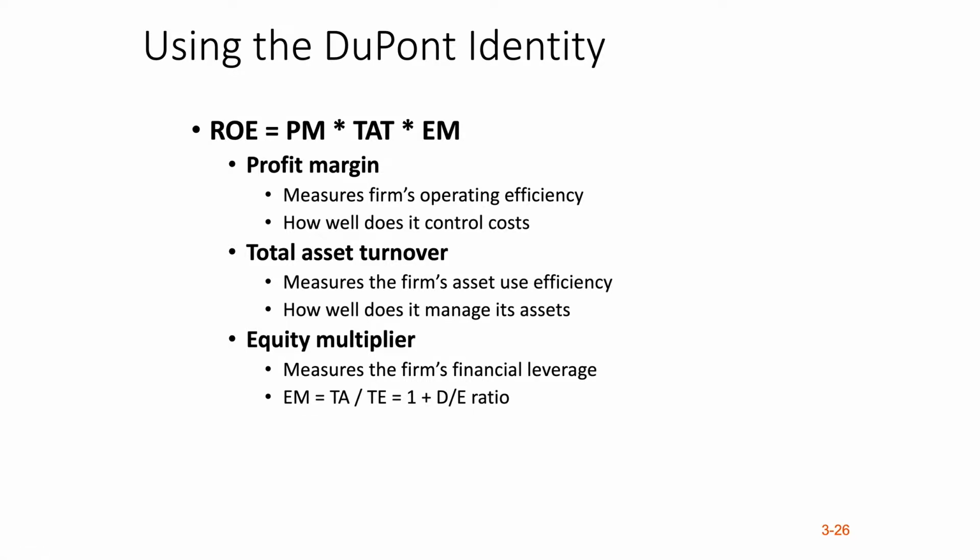You are checking why one company is doing well compared to the other by looking at their detailed identity. The DuPont identity gives you detailed clues to check the company's operation, the company's profit margin, and the company's financial leverage.